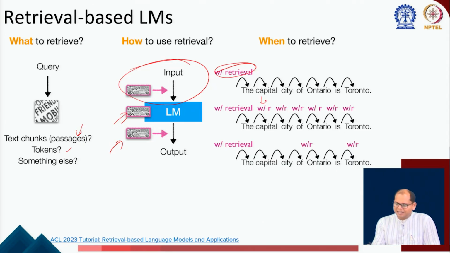You can retrieve at every token and continue your generation, or you can do a retrieval, do some generation, and after some time again do a retrieval. This can be adaptive, I mean when do you retrieve and when you do not retrieve.